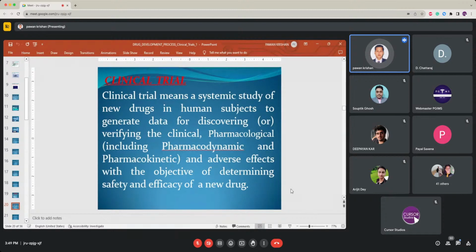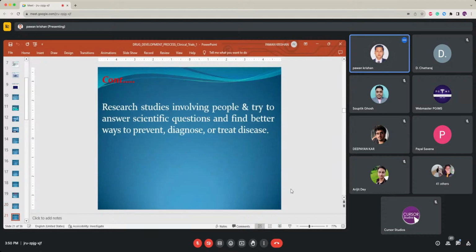So clinical trial is a systematic study of new drugs in human subjects to generate data for discovering, verifying the clinical, pharmacological, which includes pharmacodynamic and pharmacokinetic, and adverse effects, with the objective of determining safety and efficacy of a new drug. The research studies involving people or humans try to answer scientific questions and find better ways to prevent, diagnose, and treat disease.